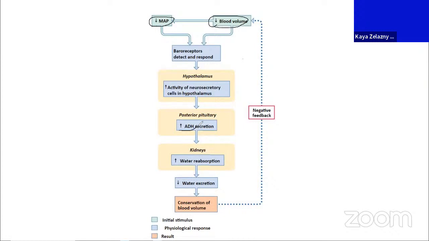So it's going to tell the posterior pituitary to make a bunch of ADH, which means our kidneys are going to reabsorb a bunch of water. Which means we're not urinating as much anymore. So we're not excreting as much water, meaning we're conserving our blood volume, hopefully keeping enough blood in our system, hopefully, as you continue to drink some water, produce some water metabolically, bringing that blood volume and blood pressure back up.